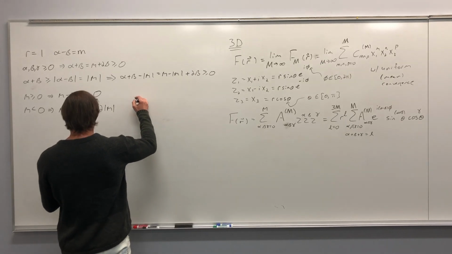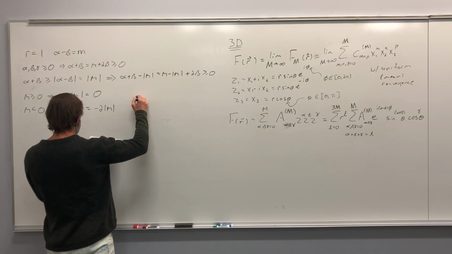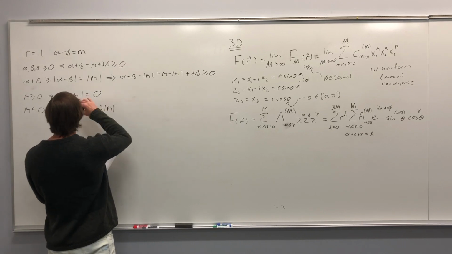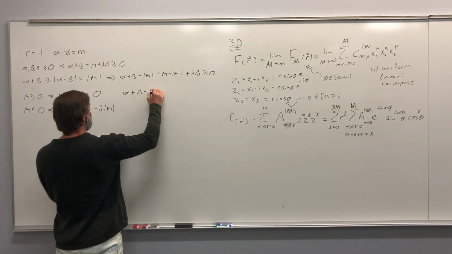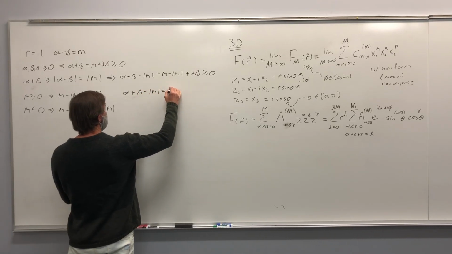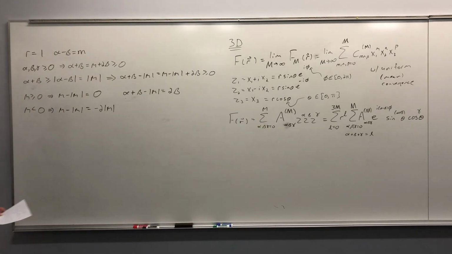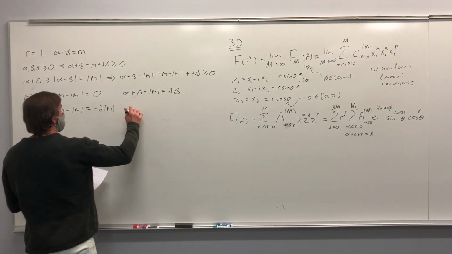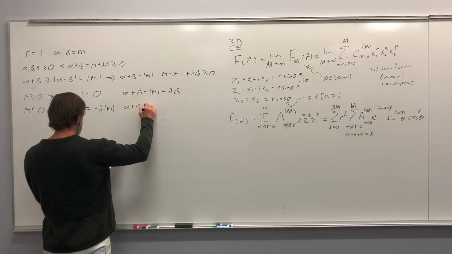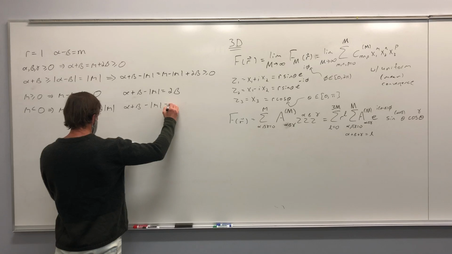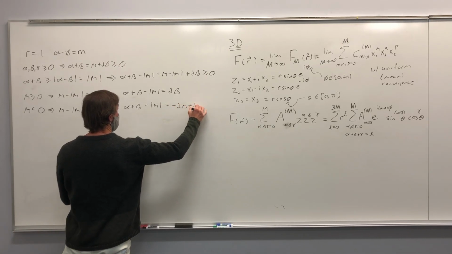Now we can take this expression and rewrite it. In the positive case, we have alpha plus beta minus the magnitude of m is equal to 2 beta. And in the negative case, we have alpha plus beta minus the magnitude of m is minus 2m plus 2 beta.